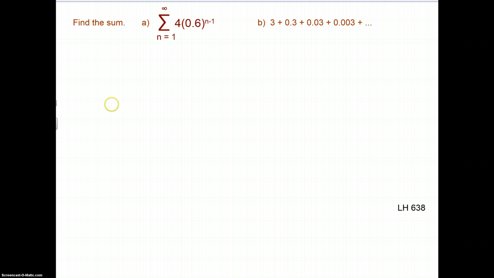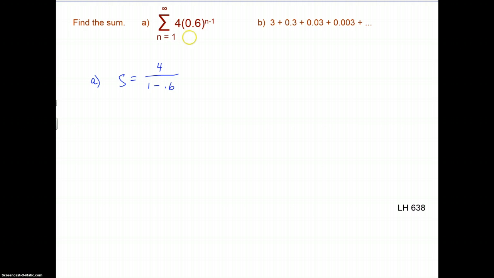Okay, so let's take a look at this sum. For part A, our sum is going to be equal to 4, which is our first term, divided by 1 minus our common ratio.